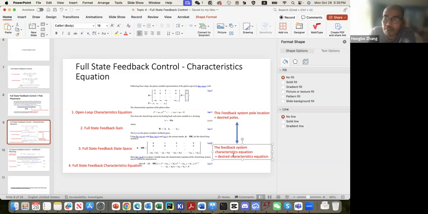The imaginary value doesn't change, but the real value is changing 10 times, 100 times, 1,000 times. You just multiply together. So the desired characteristic equation, you can calculate from eta omega n, damping ratio, settling time, right?